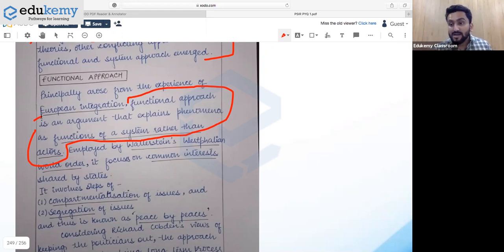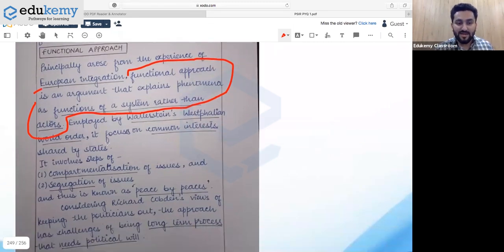Actors are some nations, some bodies who are influencing. And when I say function, it is what they are doing. So who is doing is less important; what they are doing is more important. When we say what they are doing, it means we are talking about functions, not actors.